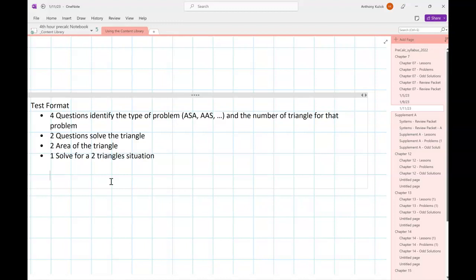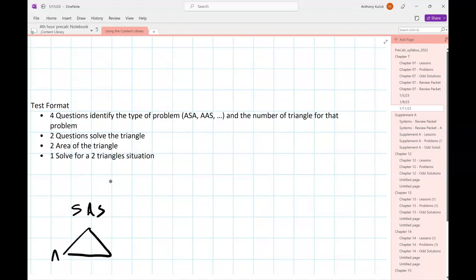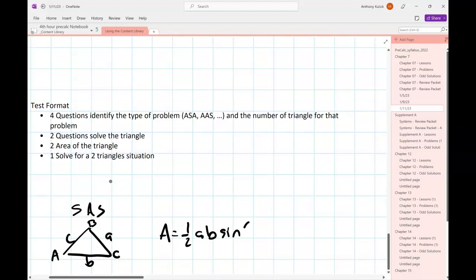Any questions about format here? Can we go over how to do the area of the triangle? Yeah, so there's just 2 formulas, right? You have the side angle side formula, where for some triangle ABC, you can say that.